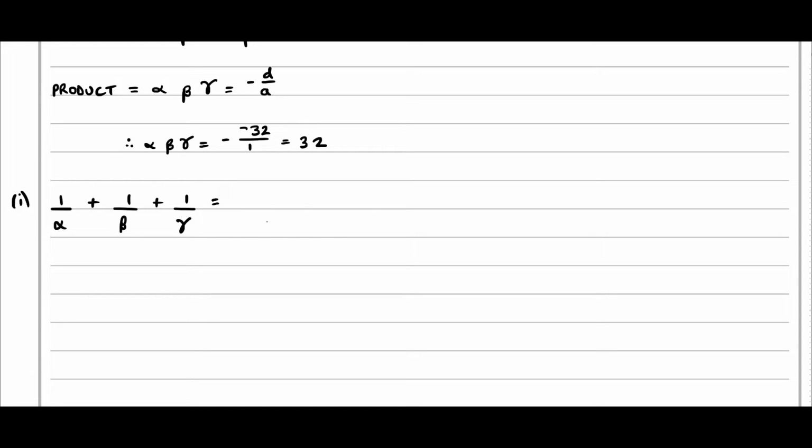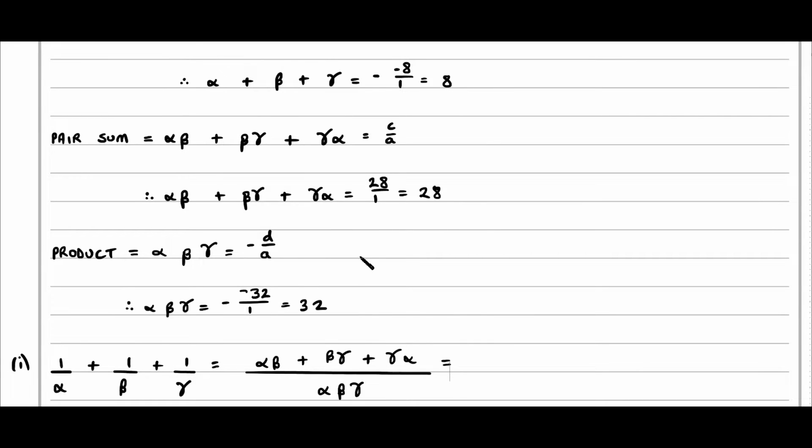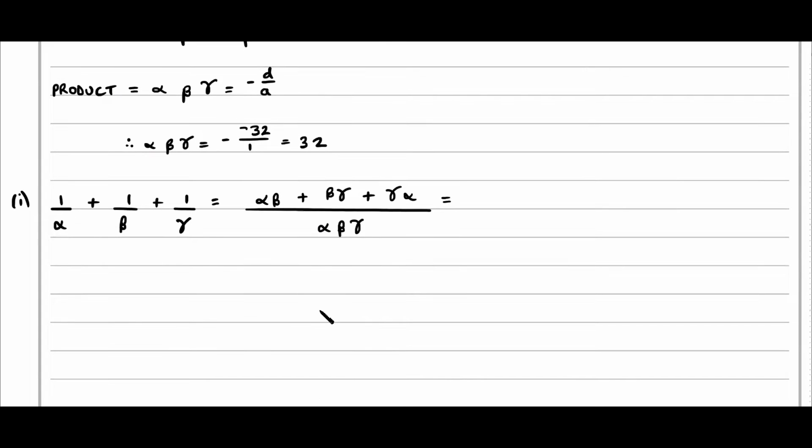If we write all this over a common denominator of alpha beta gamma, then multiplying through, here we have alpha beta plus beta gamma plus gamma alpha. The pair sum, we said that was 28. Alpha beta gamma, we said that was 32. So we have 28 over 32, which is 7 over 8.